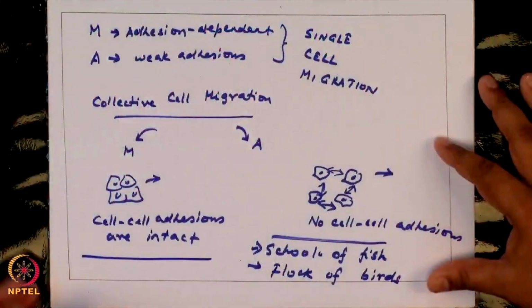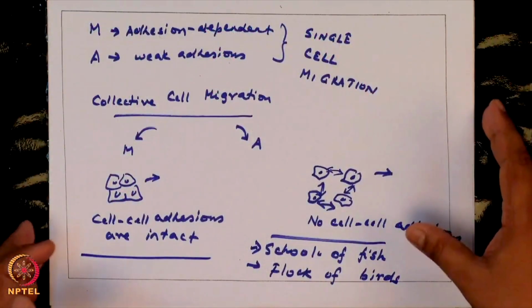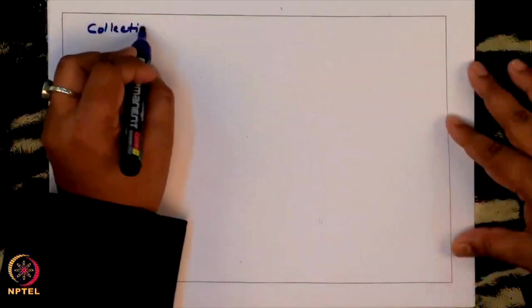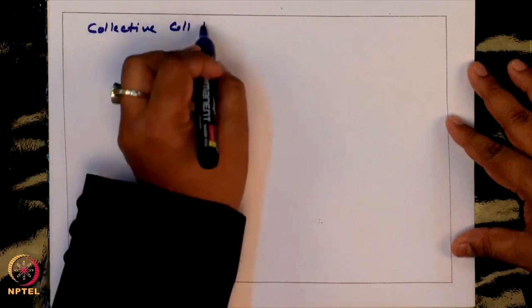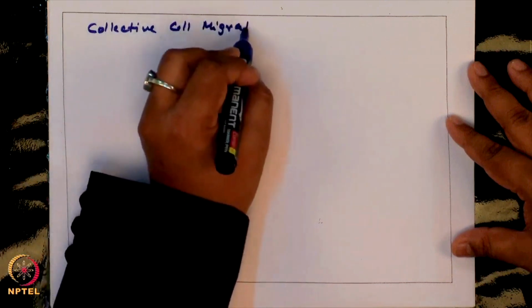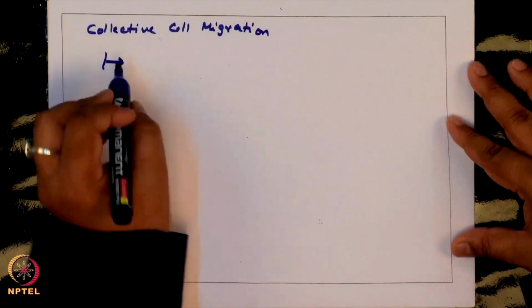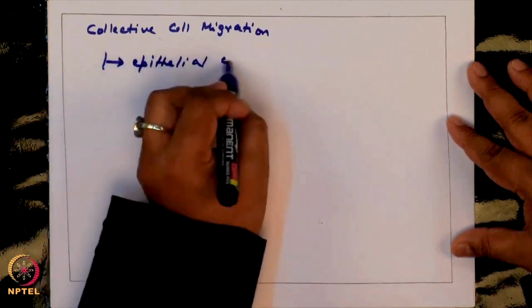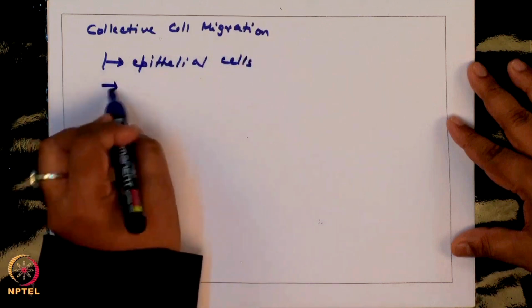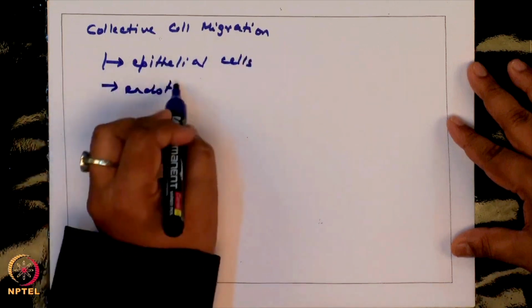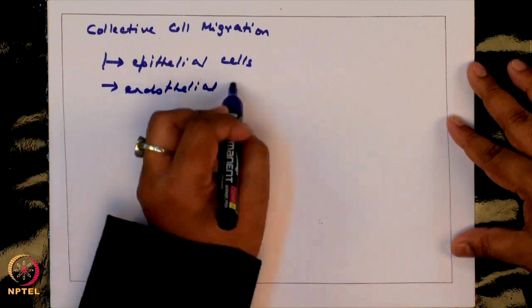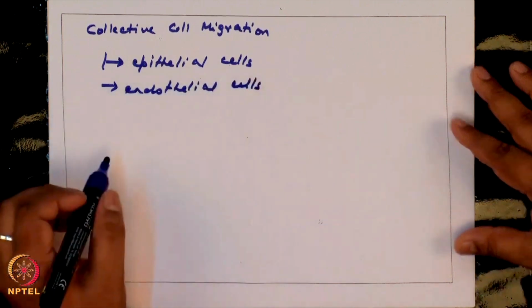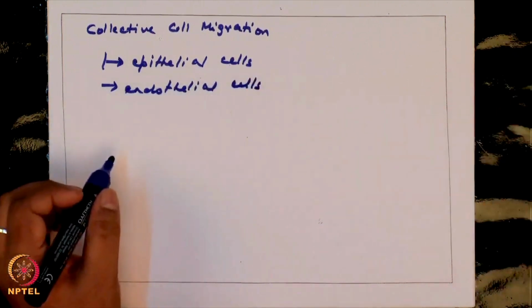In today's lecture we will talk more about the kind of migration where cell adhesions are intact: collective cell migration in the case of epithelial cells or endothelial cells, which migrate together with their cell adhesions intact.